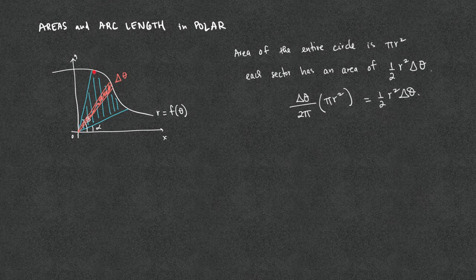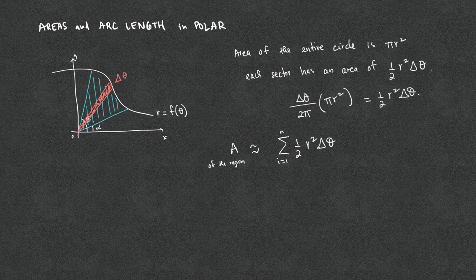The total area of the region bounded by f of theta from alpha to beta is therefore the sum of all of these areas, 1/2 r squared delta theta, as i goes from 1 to n, since we have n sectors.